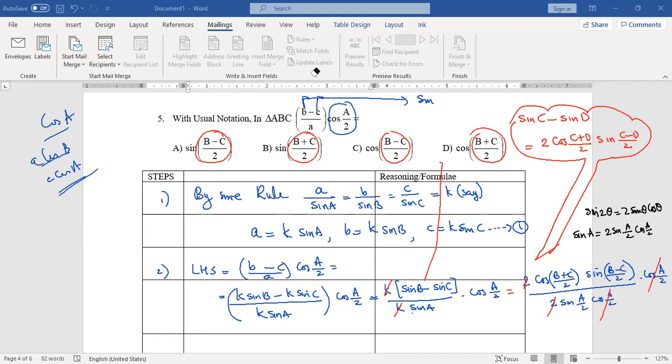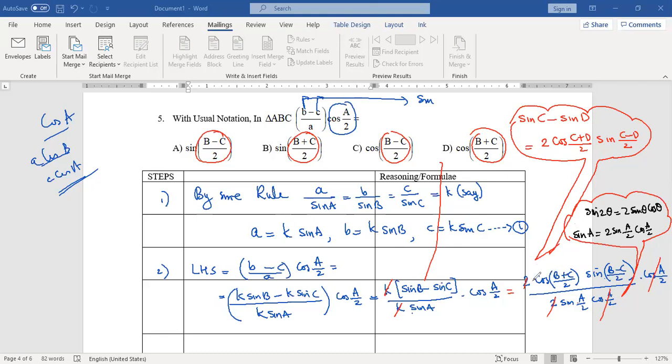You are not confused here. Tell me the next step. Sine (b minus c) by 2 is going to be my answer. But there is a sine a by 2 and cos (b plus c) by 2.